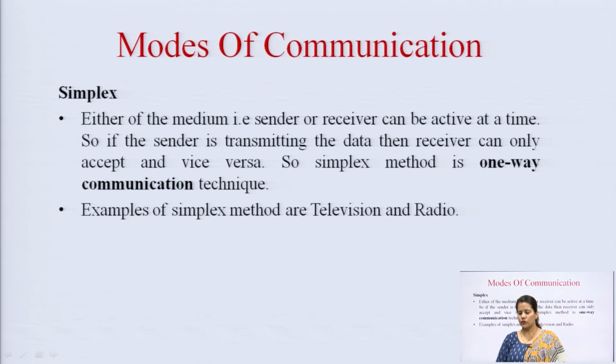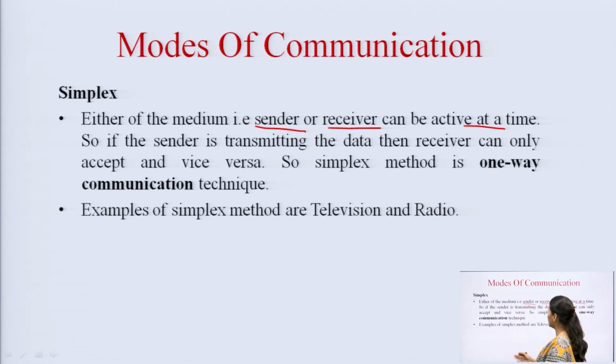As a conclusion, as I have already discussed, there are 3 modes of communication, which can be broadly categorized into 2: simplex and duplex. In the simplex mode, either the sender or the receiver is active at a time, not both; they cannot send data simultaneously.